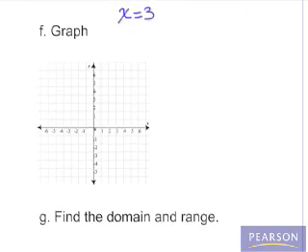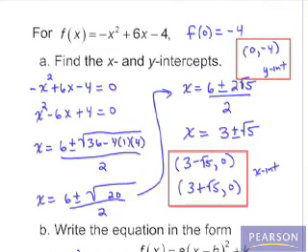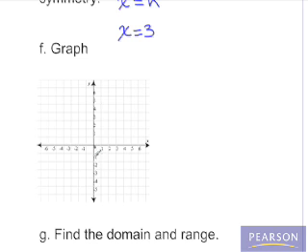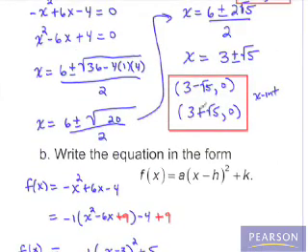We'll graph our intercepts first. The y-intercept, as you recall, is the point 0, negative 4. So we'll plot 0, negative 4. And then we'll also graph the vertex and our x-intercepts. Now the x-intercepts, we'll have to convert those to decimals so we have an idea of where they are. 3 minus the square root of 5 is approximately equal to 0.76, so not quite 1.